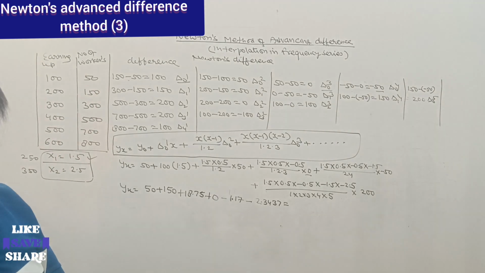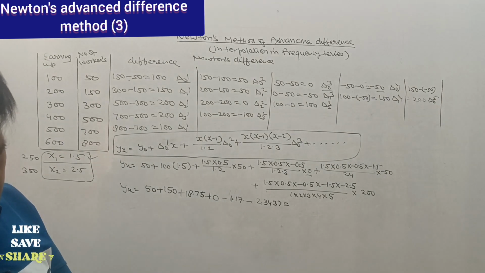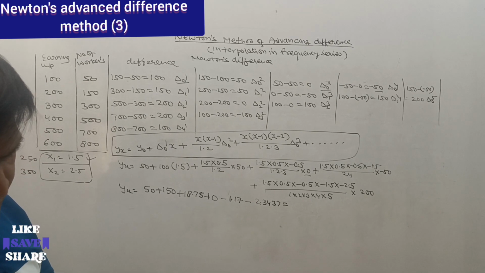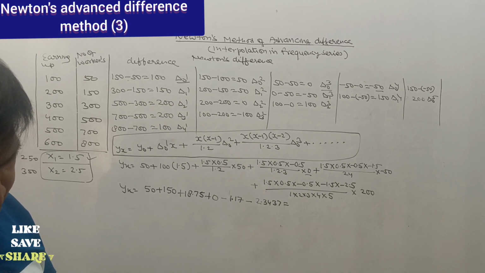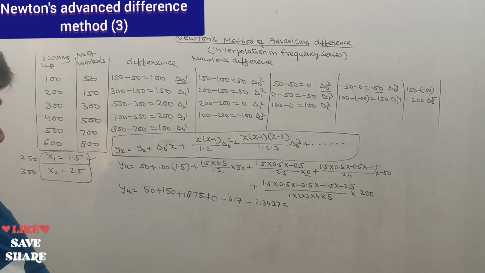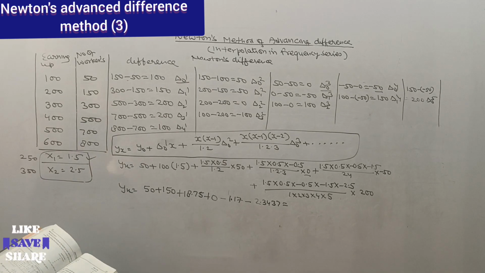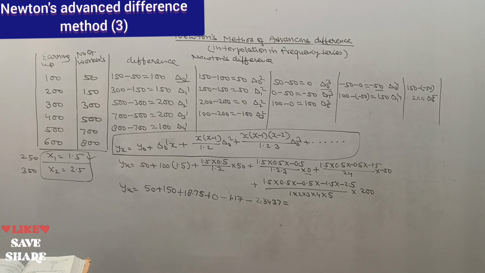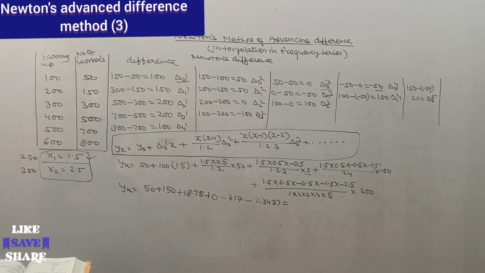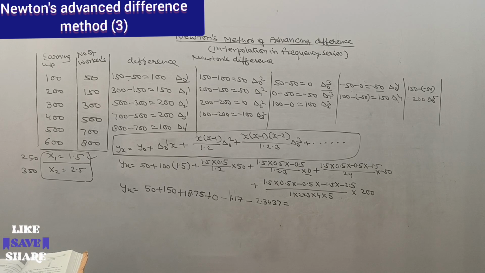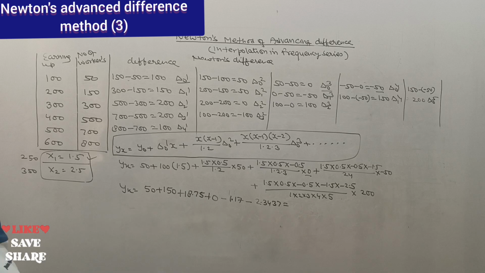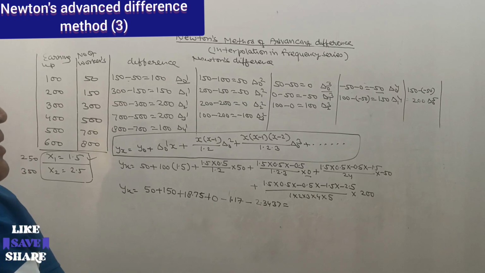So the first value is 217.58, that is 50 plus 150 plus 18.75 minus 1.179. Okay, there is a difference in the fifth one, so maybe we should check.